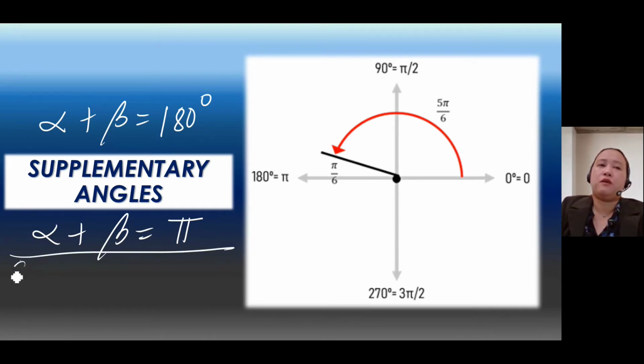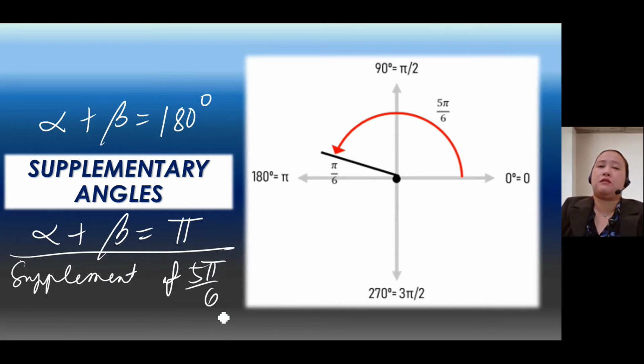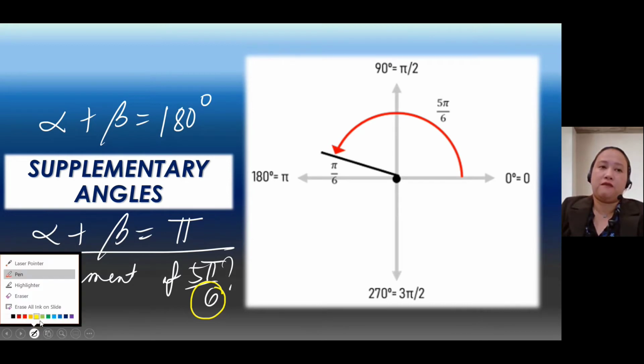So if you will be asked for the supplement of the given 5 pi over 6, you can identify it graphically. Divide 0 up to pi by 6.